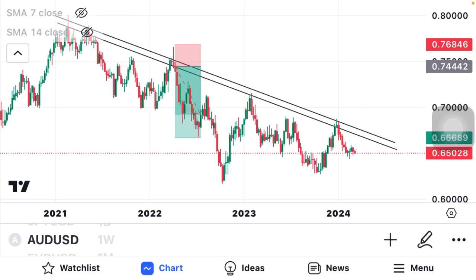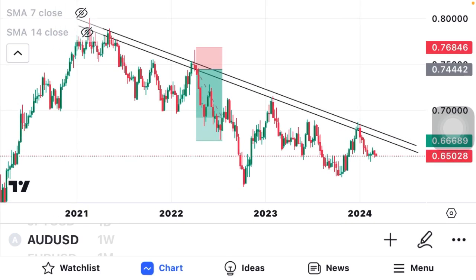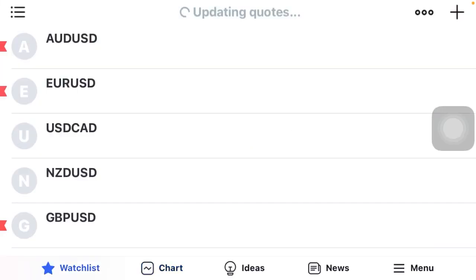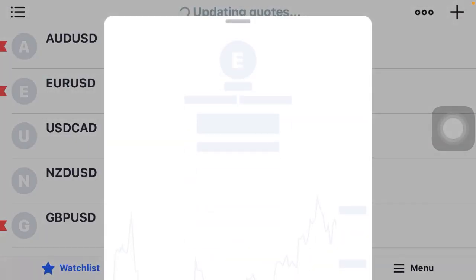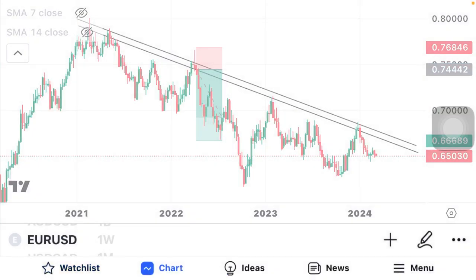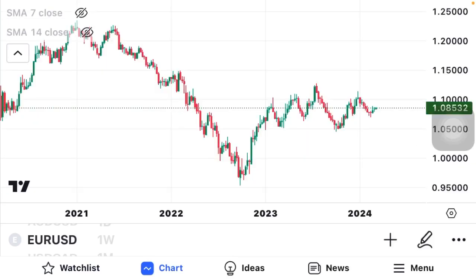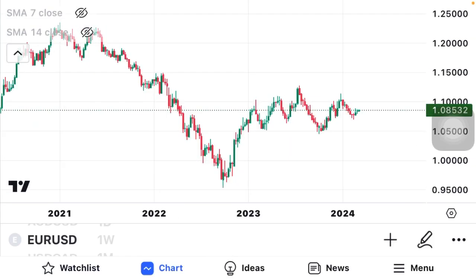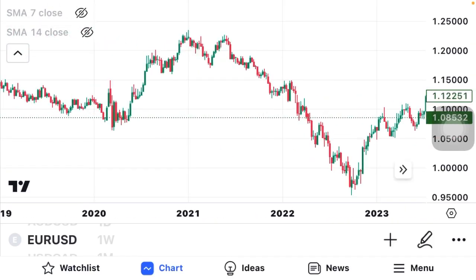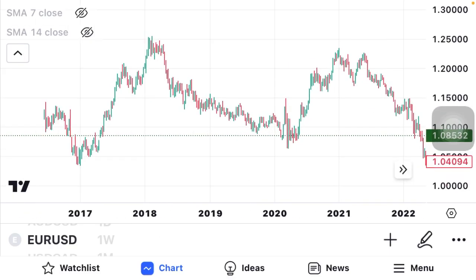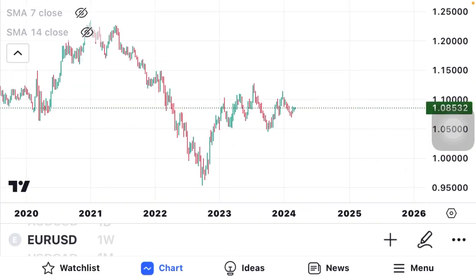Then the next thing I'll be teaching is support and resistance. Let's go to another financial instrument so that you understand better. Support and resistance. So this is a live market.